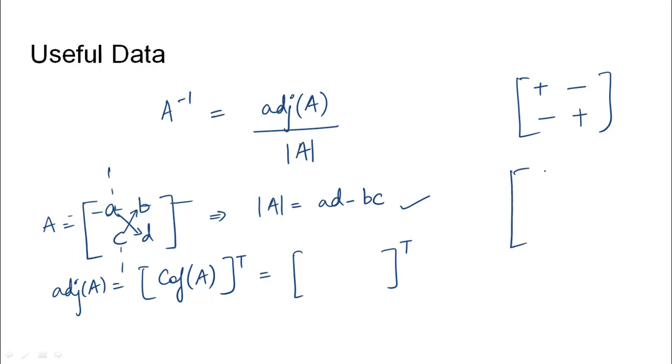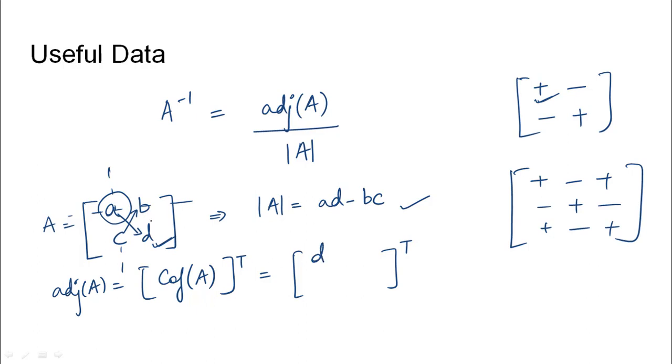For a 3 into 3 matrix it is plus minus plus, minus plus minus and plus minus plus. So if we take the first element A, we remove its row and its column. The only element that would remain is D, and the sign convention for the first element is positive, so we will put D here.